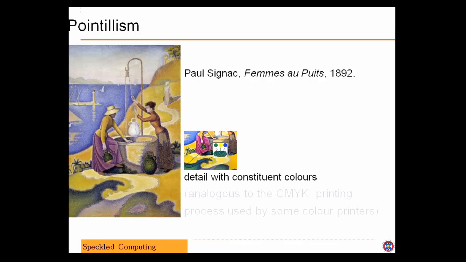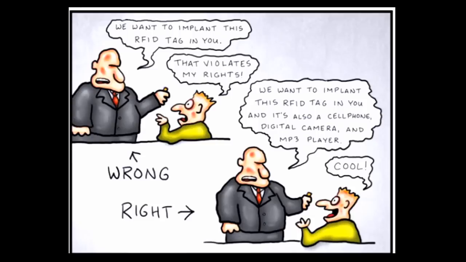So you can actually see some of these details with constituent colors coming out. That's, in a sense, what we're trying to do with speckled computing: these are simple devices with limited possibilities, but when combined in large networks, the effect is far greater than you would anticipate.